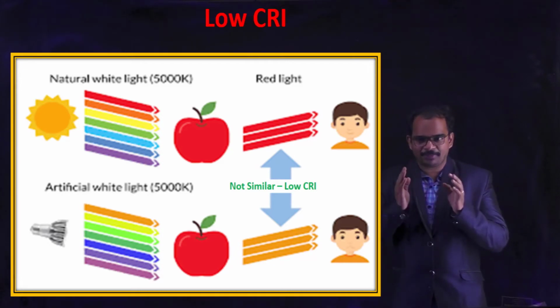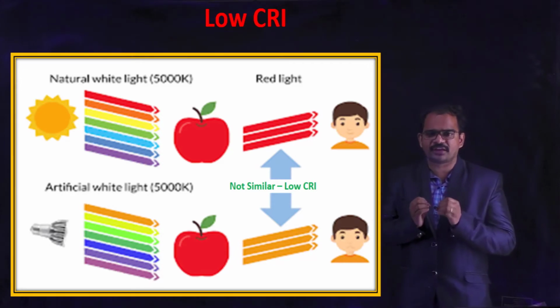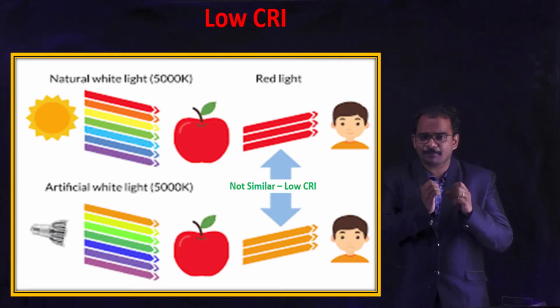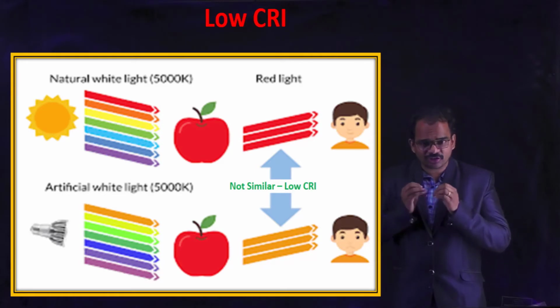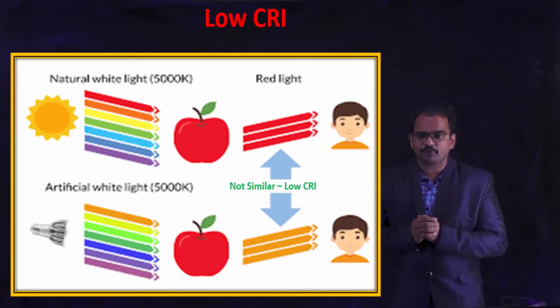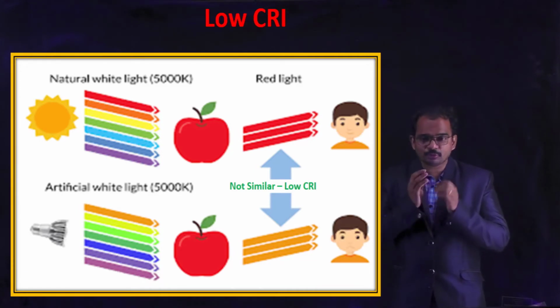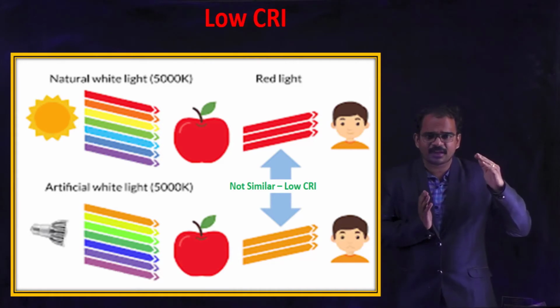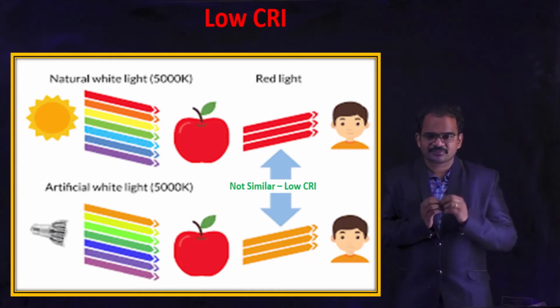The natural light source has a color temperature of 5,000 Kelvin when you saw the red color of the apple. Now you use an artificial light which has the same color temperature of 5,000 Kelvin, and when the light of this artificial source falls on this apple, the apple reflects some color, and you can see it's orange.